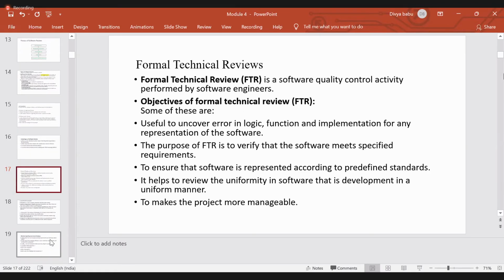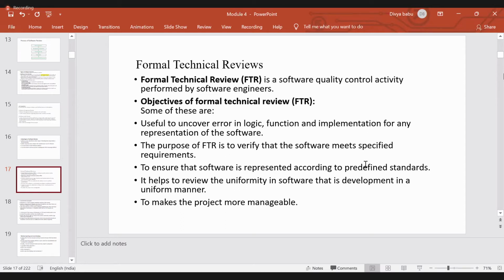Next is formal technical review. The technical reviews are of different types. We already discussed that part. Next, we can conduct the same thing formally, meaning the technical review which we are doing in a formal way. Formal way means it has an agenda.